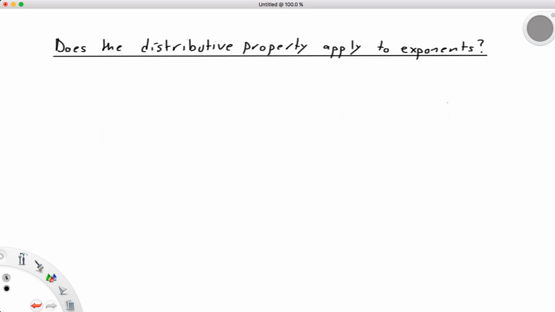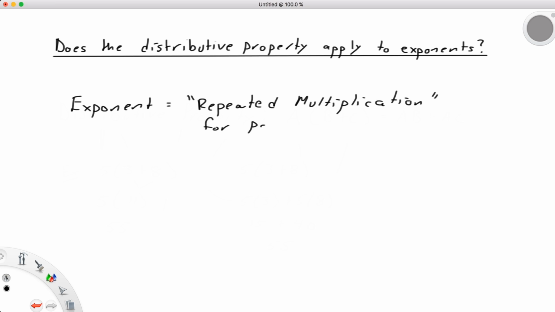Now, an exponent, on the other hand, is entirely different. An exponent, particularly in the case of positive integers, represents repeated multiplication.